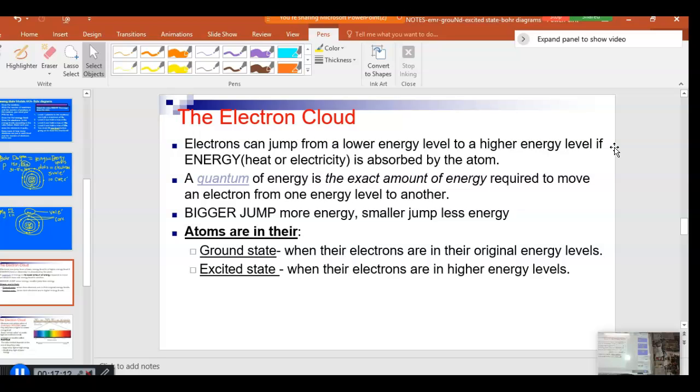So in chemistry, when we are talking about a very specific amount of energy to get an electron to go from a lower to a higher energy level, we call it a quantum of energy. Now, a quantum of energy is a very exact amount of energy to get an electron to go from a low energy level to a higher energy level.